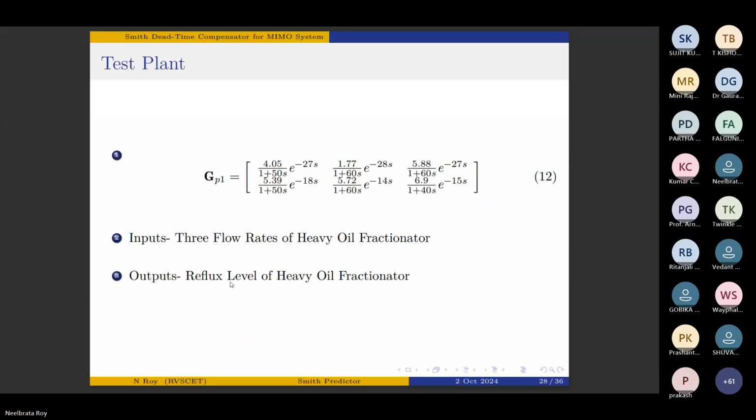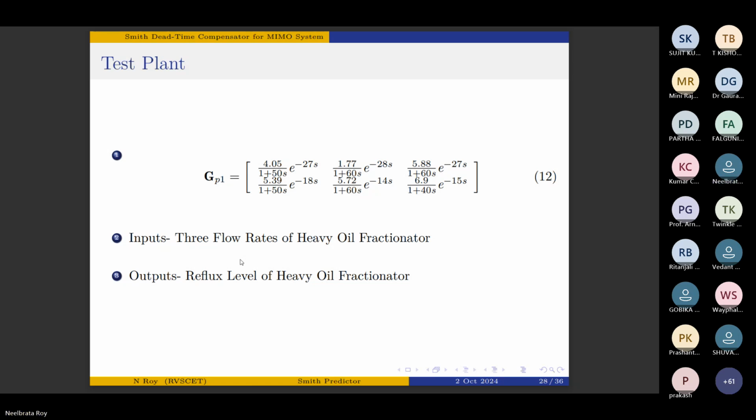Suppose we have considered an example of a non-square plant. You can see the number of inputs, it has three inputs. Generally, the rows are taken as inputs and the columns as the outputs. In such a plant, we have two outputs and three inputs, that is, the plant is over actuated.